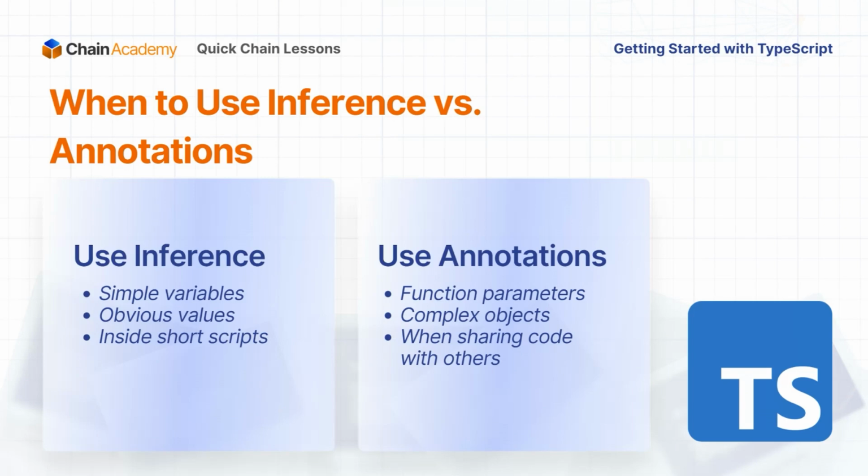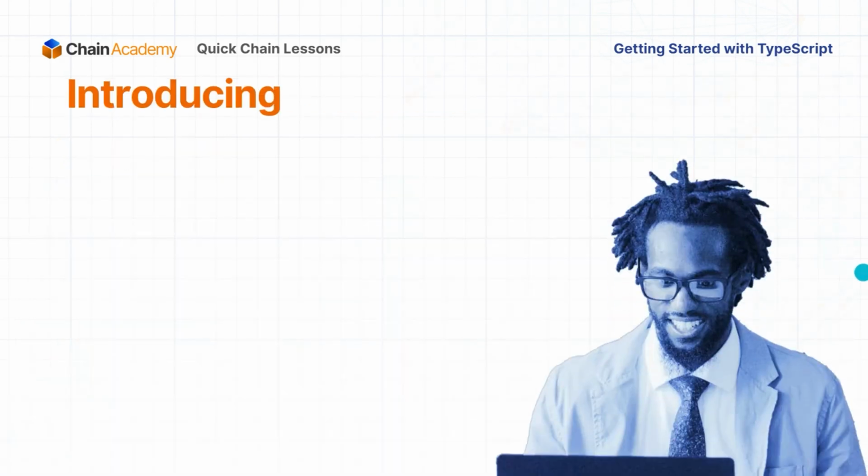And if you're sharing your code with others, annotations act like built-in documentation. They make it clear what kind of data you expect, so no one has to guess. In short, use inference for simplicity and annotations for clarity. TypeScript gives you the flexibility to balance both.